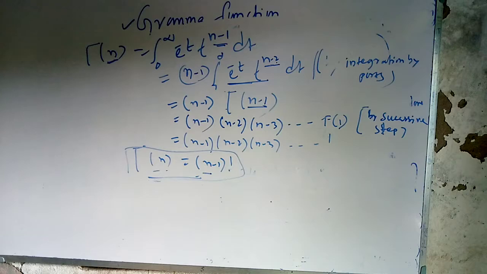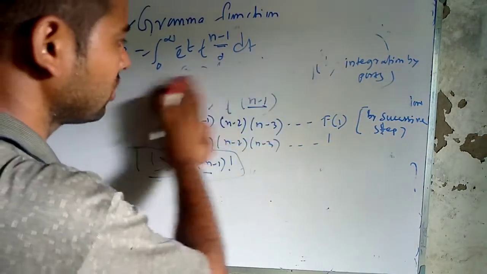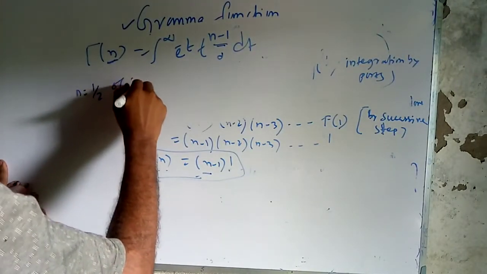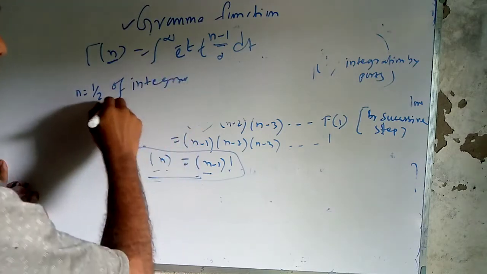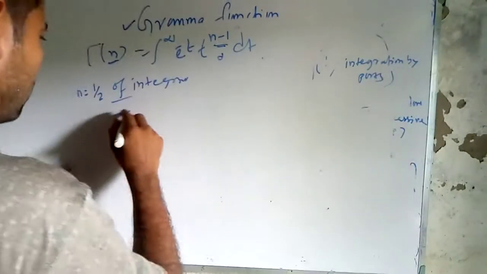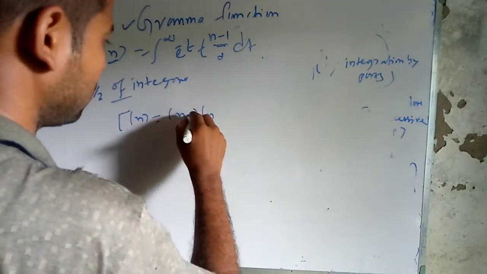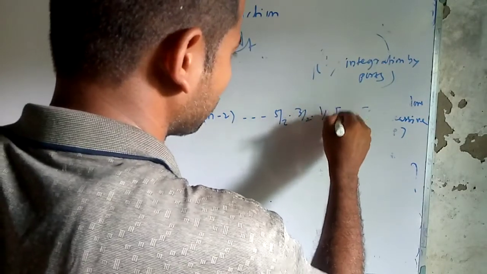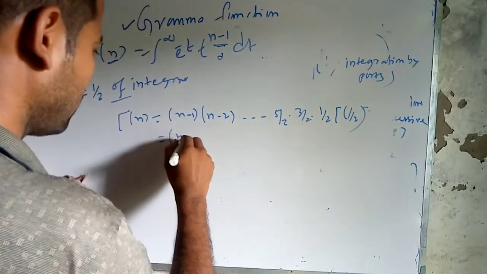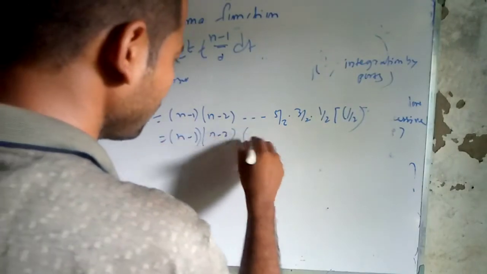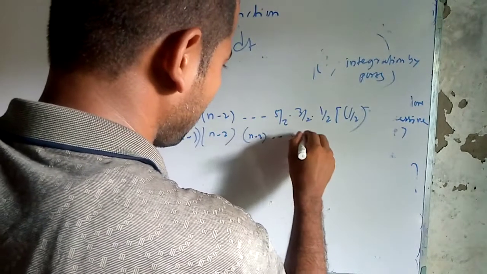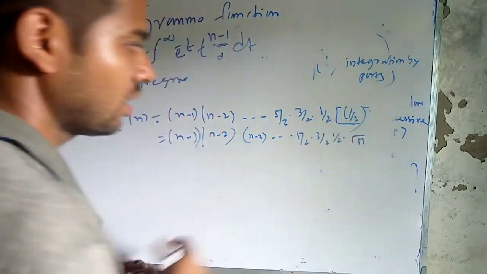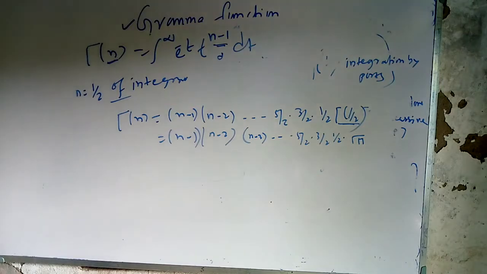If you consider n equal to half of an integer, then gamma function of n equals n minus 1, n minus 2, and so on down to 5 by 2, 3 by 2, half, times gamma function of half, which I calculated before as root over pi. I calculated first the value of gamma function of half.